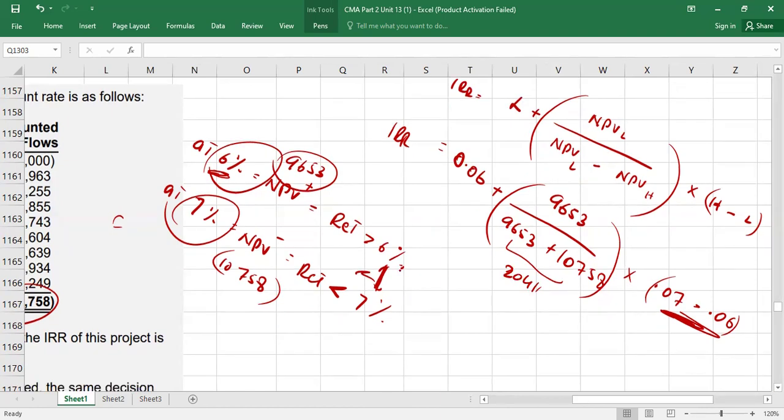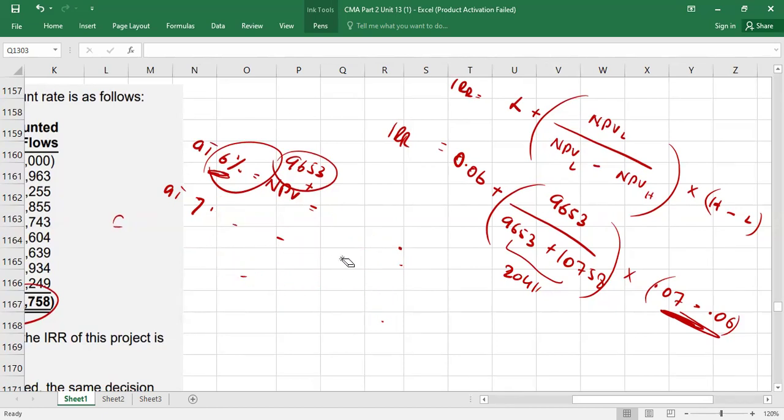Now I'll divide. We'll take 9653 divided by this total, 20,411. You will get 0.4729, a rounded value.